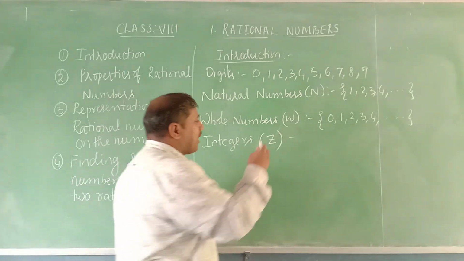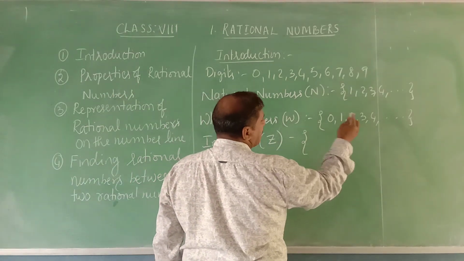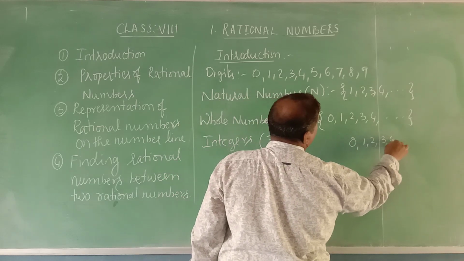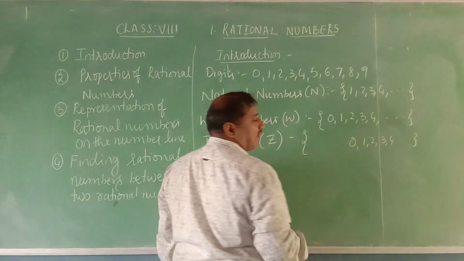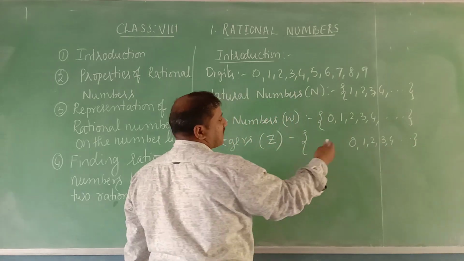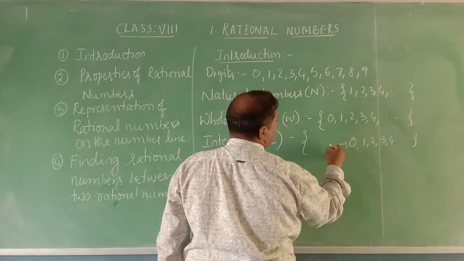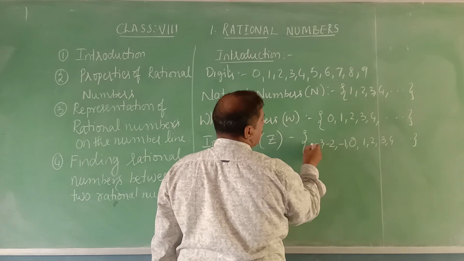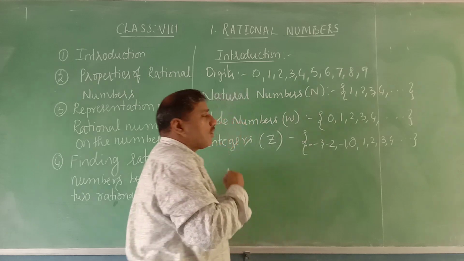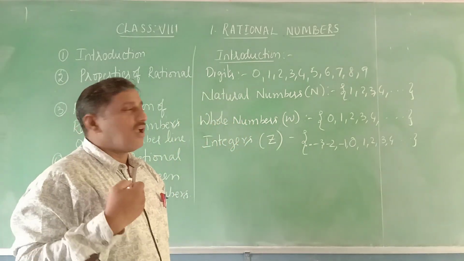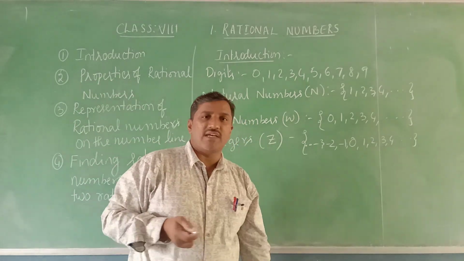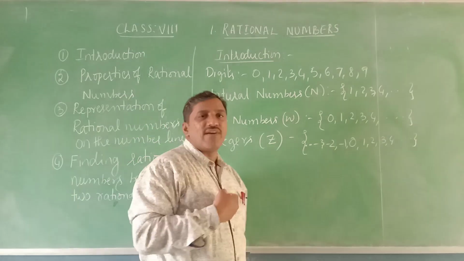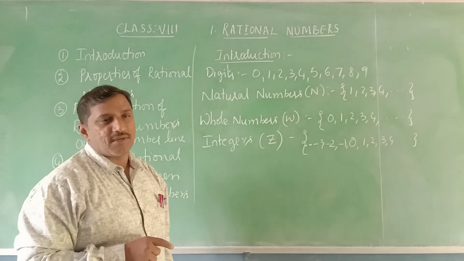That is 0, 1, 2, 3, 4 and so on on the right side of 0. On the left side of 0 we have -1, -2, -3 and so on. So infinite negative numbers are there and infinite positive numbers are there. 0 is neither positive nor negative. All these things we studied in class 7, the integers chapter.